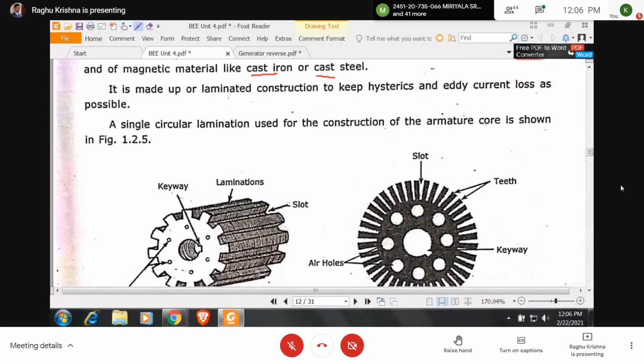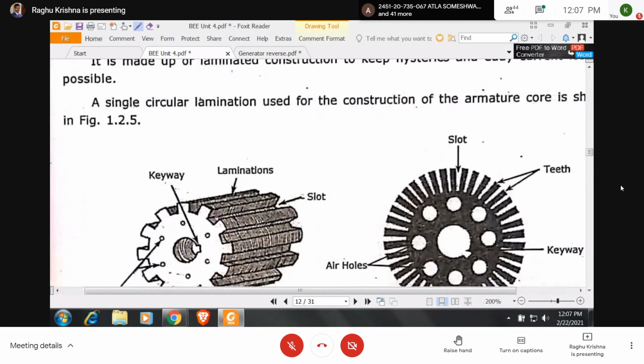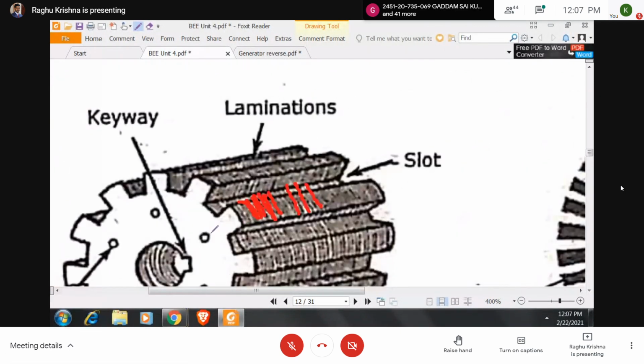Here you can see the laminations. The armature core is made up of laminations.